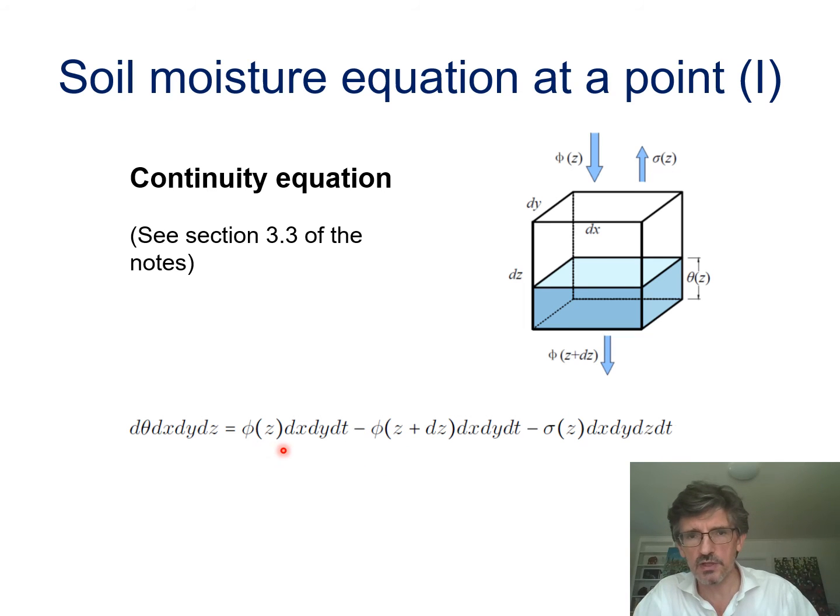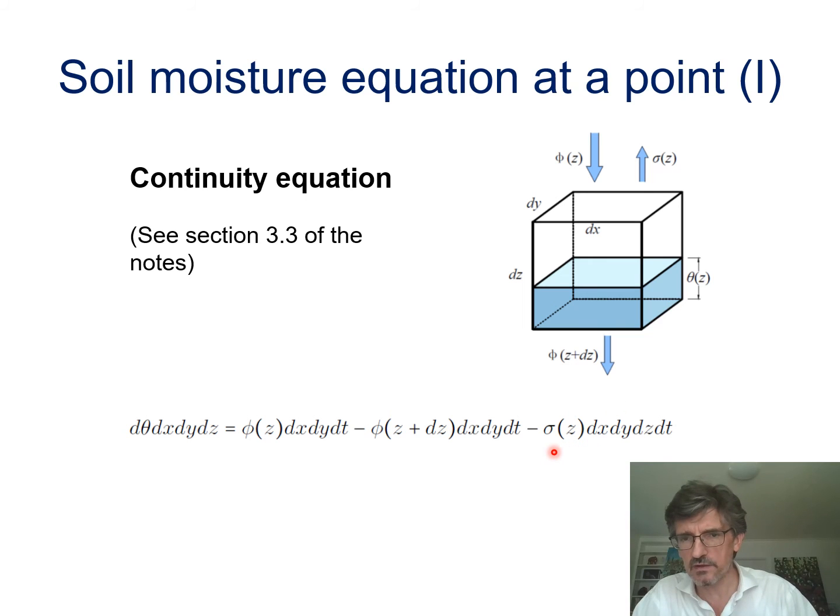And the input is what comes from the flux at level Z times the area of this face here, dy dx, in a time dt. Minus what goes away from the other face of the cube at Z plus dz, where the flux is different. The face, of course, is the same, dx dy, in time dt, minus how much is uptaken by the roots. It is lost because of this sink term.